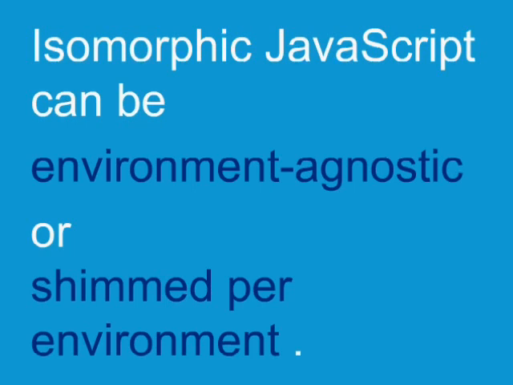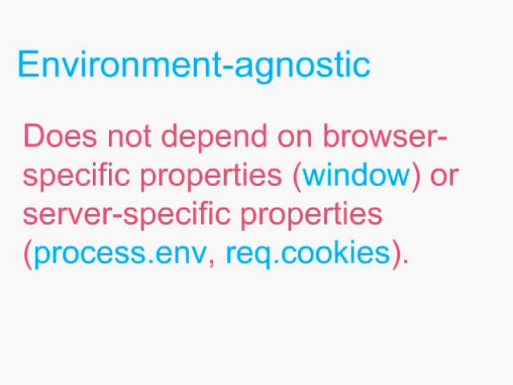Okay, so environment-agnostic does not depend on browser-specific properties like window or server-specific properties. On Node.js, you might have a process object, or you might have a request object with a cookies property attached to it. These are things that are specific to the environment that the JavaScript is running in, right? So window is not a JavaScript convention, it's a browser convention. And so any piece of JavaScript code that is specifically referencing one of these objects is not environment agnostic.